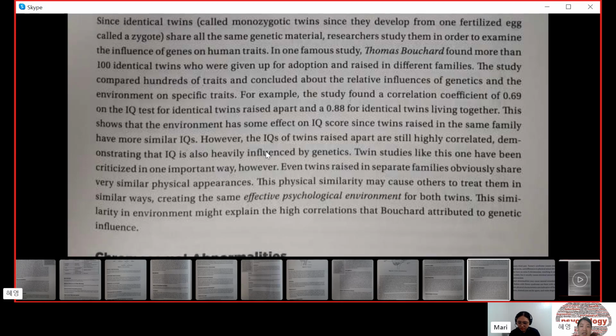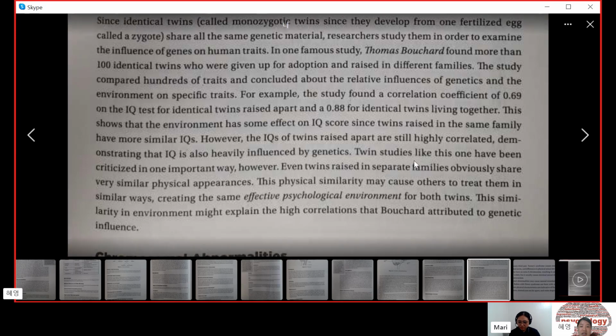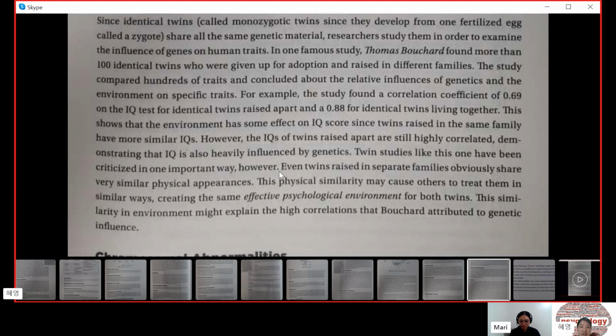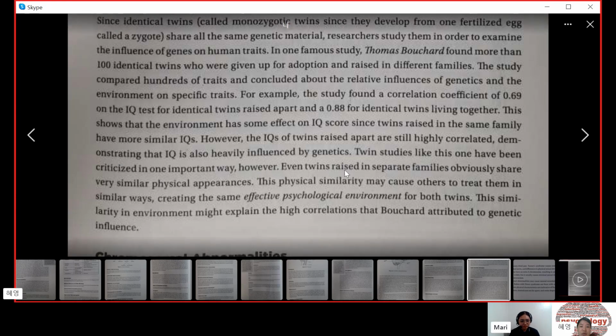Twin studies like this one have been criticized in one important way, however. Even twins raised in separate families obviously share very similar physical appearance.